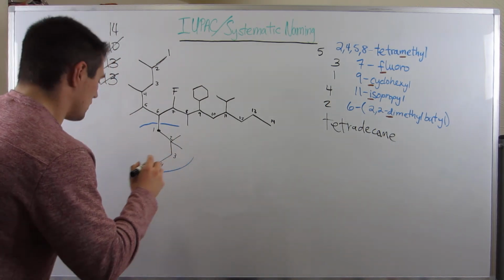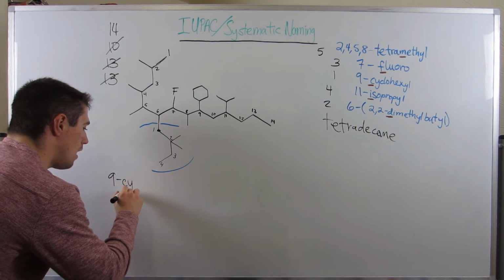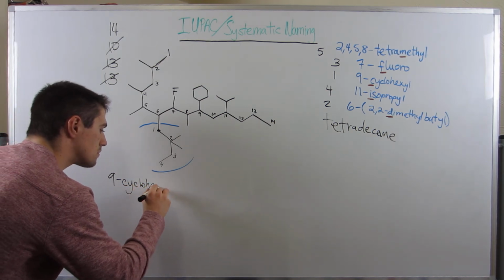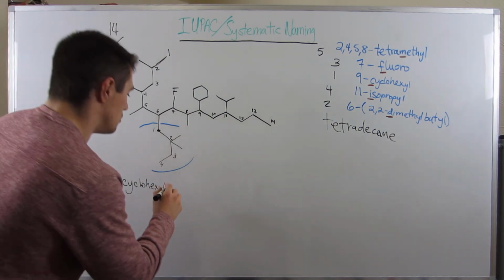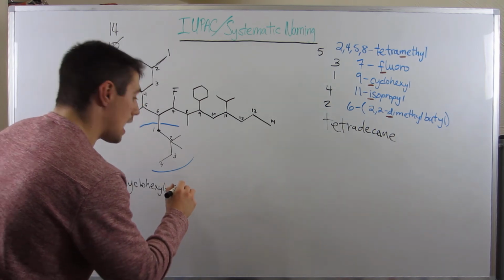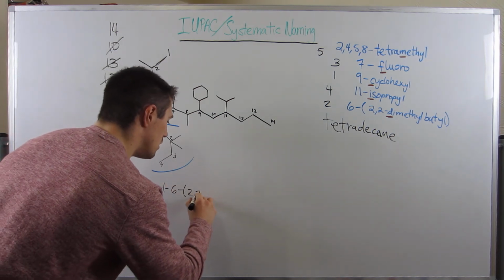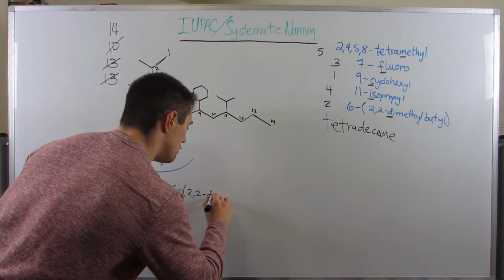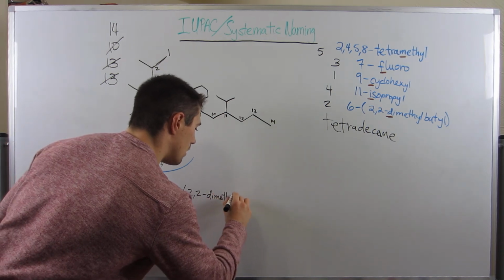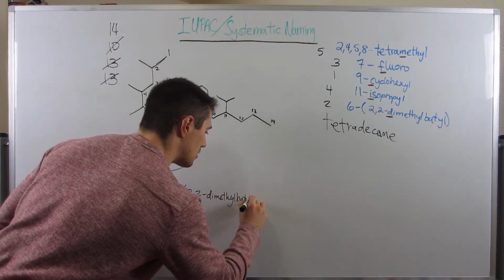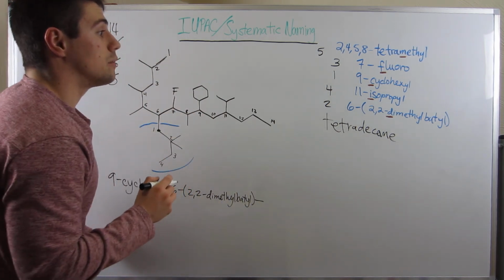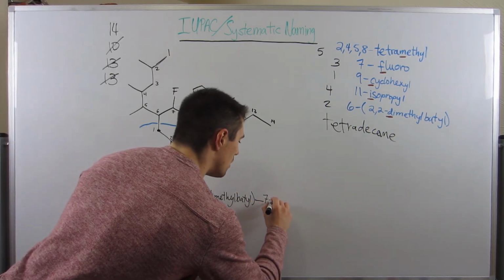Alright, so let's go with 9 cyclohexyl. And then we'll do 6-2,2-dimethylbutyl. Close the parentheses, dash. Then we'll go with 7-fluoro.